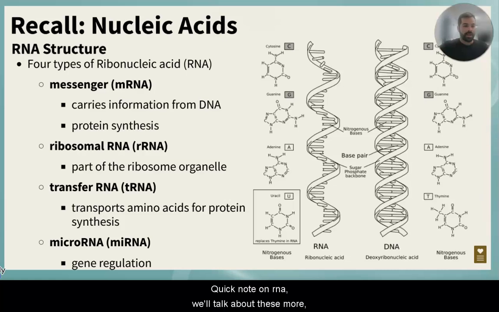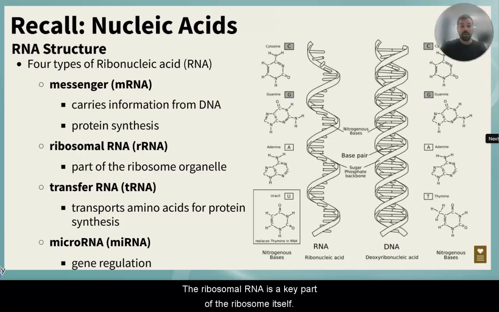Quick note on RNA. We'll talk about these more, especially when we get into transcription and translation, but there's 4 different types of RNA. We have our messenger RNA, which carries information from DNA. So it's involved in carrying that information over to the ribosomes, where it will be translated into proteins, into amino acids, which get formed in proteins.